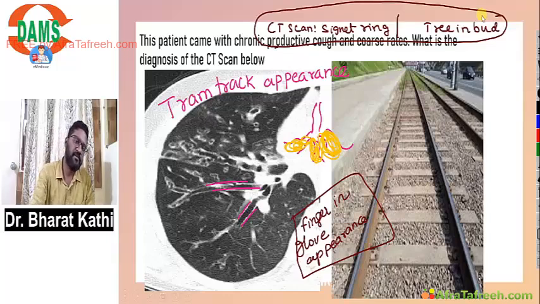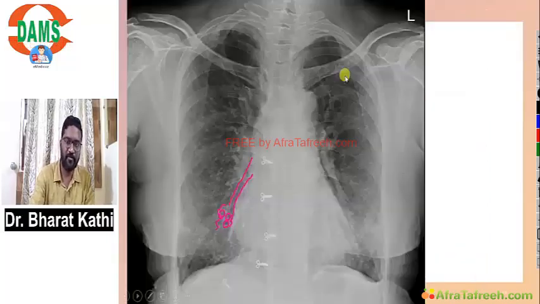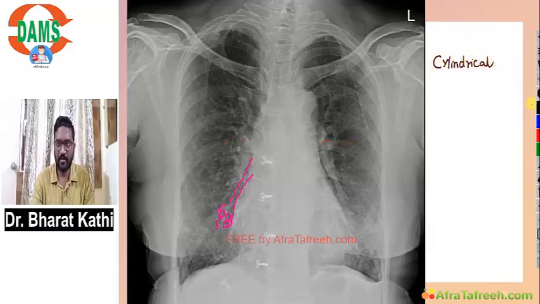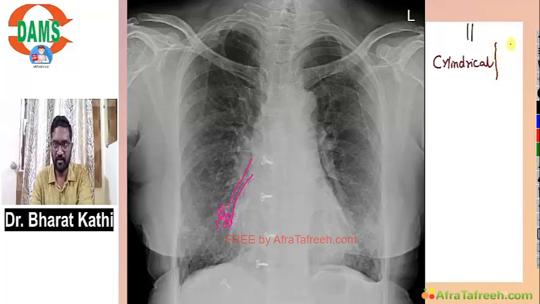And if some examiner asks you what are the types of bronchiectasis, it is classified as cylindrical bronchiectasis. If you consider this the normal architecture of the airway, in cylindrical bronchiectasis it will be just dilatation.